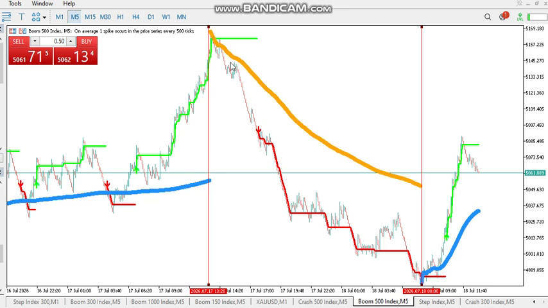The yellow line that you see here represents the downtrend, while the blue line that you see here represents the uptrend in the market. So anytime we have the downtrend in the market, then we have the red signal, which means that we are going for a downtrend in the market.